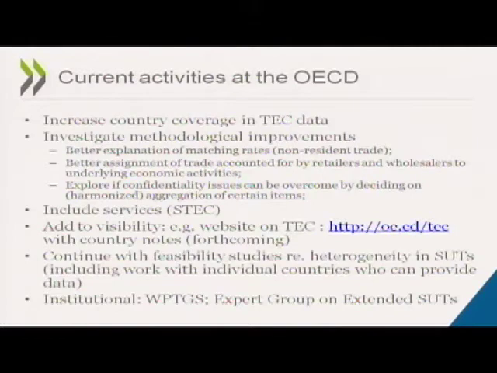We try to even expand that by working with some individual countries who have the microdata available and who are interested in building these types of data that have already been published by some of you.